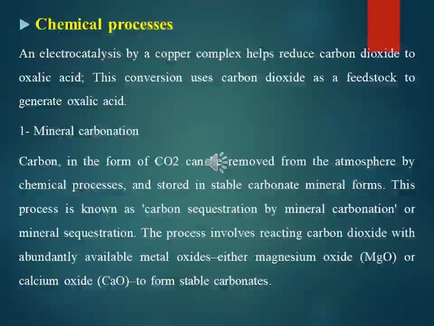Mineral carbonation. Carbon in the form of carbon dioxide can be removed from the atmosphere by chemical processes and stored in stable carbonate minerals. This process is known as carbon sequestration by mineral carbonation or mineral sequestration.